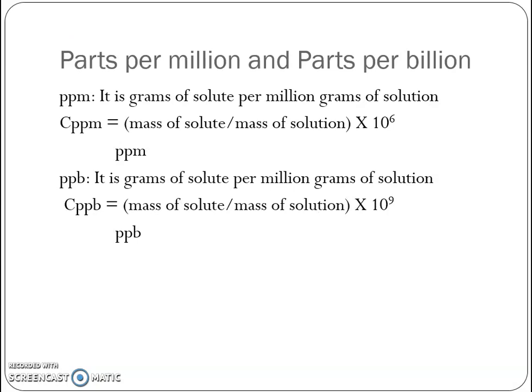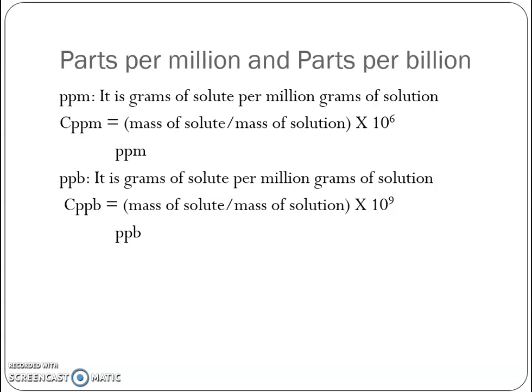Next expression is parts per million and parts per billion, which are denoted as ppm and ppb. So ppm is the grams of solute per million grams of solution. That is, how many grams of solute are present in 1 million grams of the solution. Concentration in ppm can be given by mass of solute upon mass of solution into 10 raised to power 6, because it is parts per million.